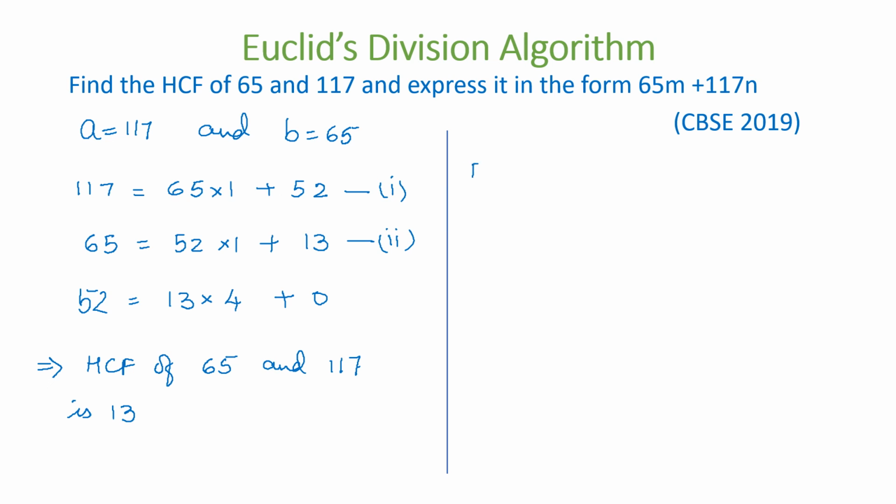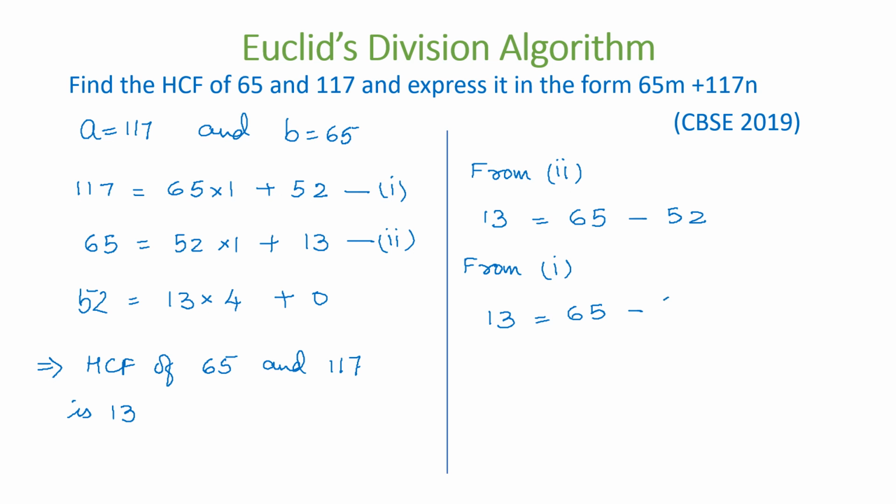So you see from 2, I get 13 is equal to 65 minus 52. Then further from 1, I get 52 is equal to 117 minus 65.